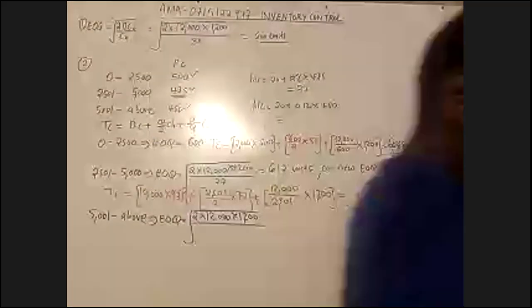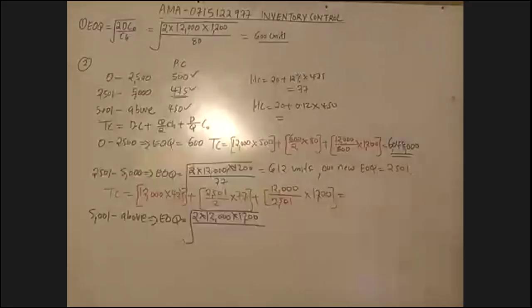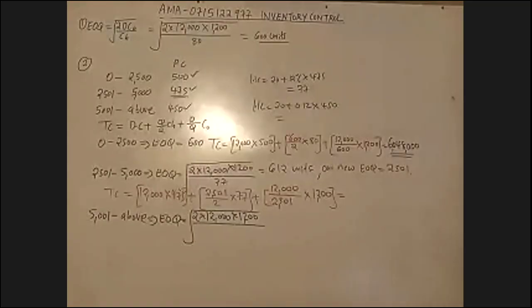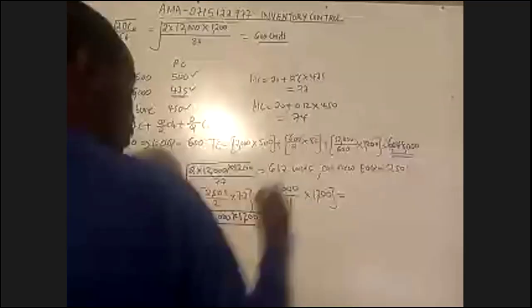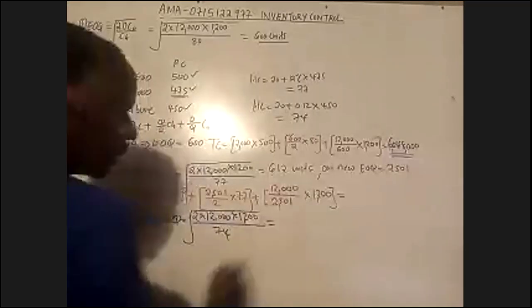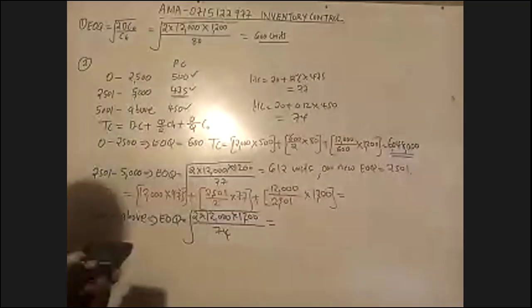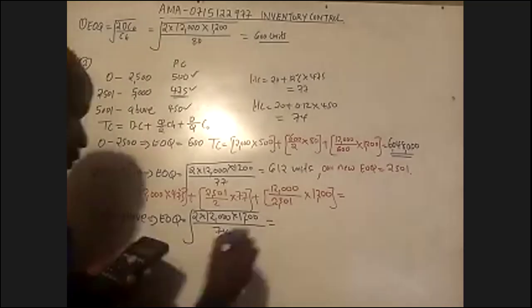How much? So inakupatia 20 plus 0.12 times 450, which is 74. We say ni 2 times 12,000 times 1,200 divided by 74. Then square root. 624 units.